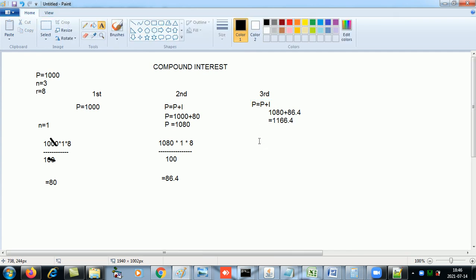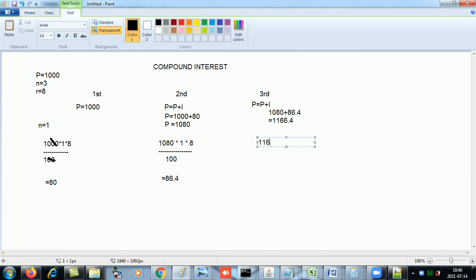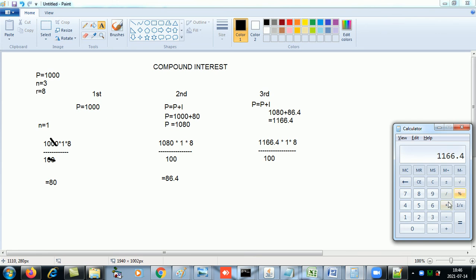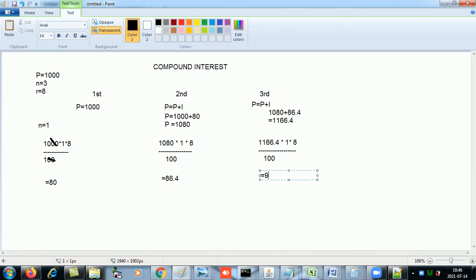Now in the third year the interest will be calculated on this: 1166.4 into 1 into 8 divided by 100, which becomes 93.3.